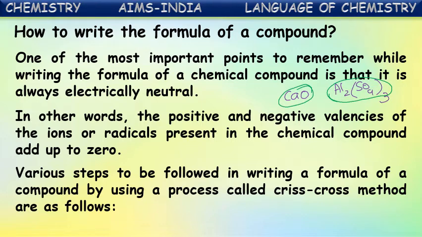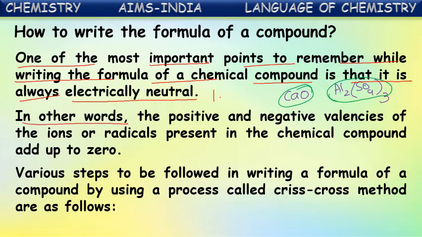See here. One of the most important points to remember while writing the formula of a chemical compound is that it is always electrically neutral, meaning its charges should always be neutral. That is the first and foremost point we should remember.